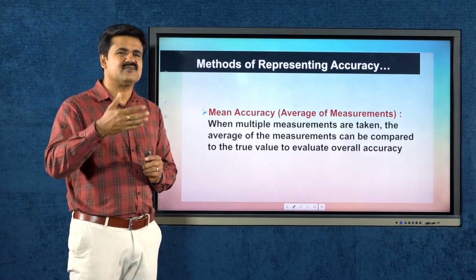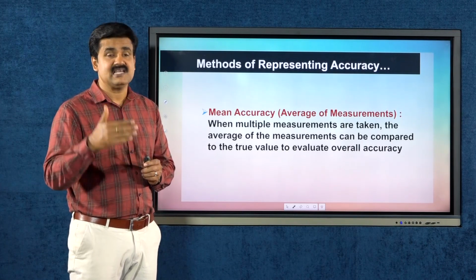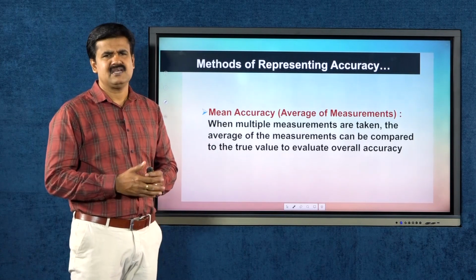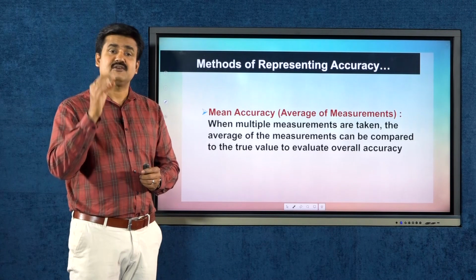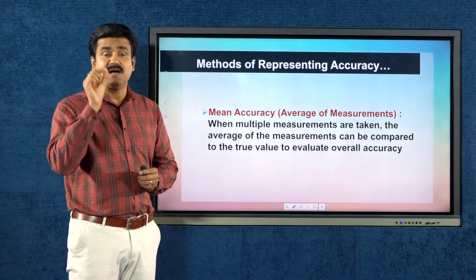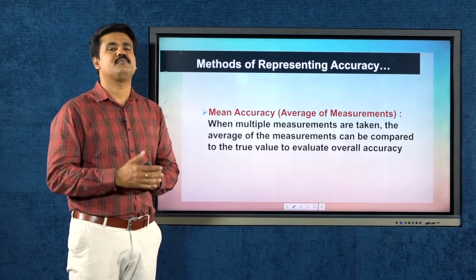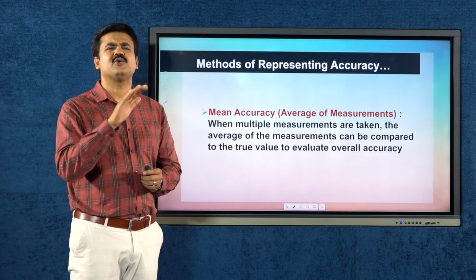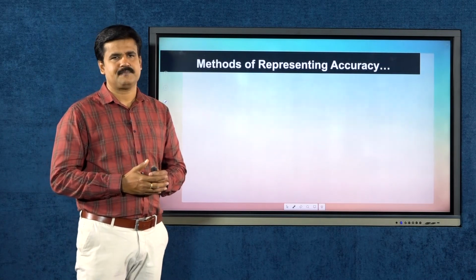So, in the case of multiple measurements, it is possible to express accuracy as a parameter, that is, mean accuracy, but we do not commonly use this concept. We commonly use the first two, that is, absolute error and relative error. The last two, percentage accuracy and mean accuracy, are not commonly used concepts to represent accuracy.